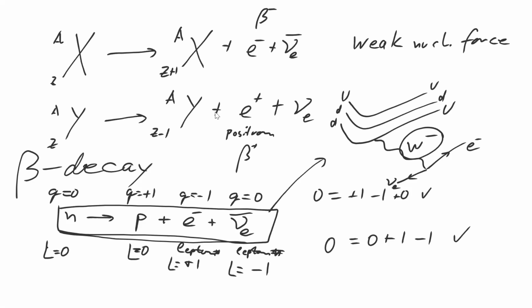I don't usually end up in the ground state. I end up in an excited state. Also, if this is X, then this represents a different particle, a different element. But we also usually put an asterisk denoting that it's not in the ground state, but in an excited state.